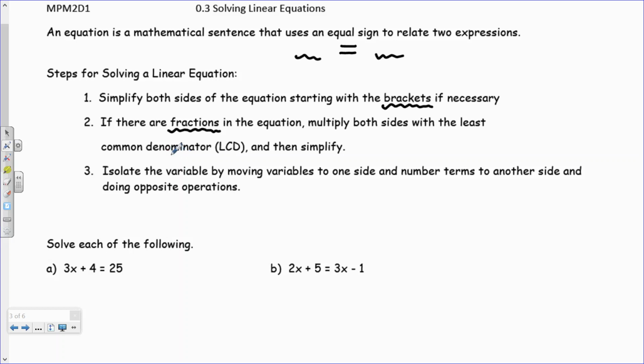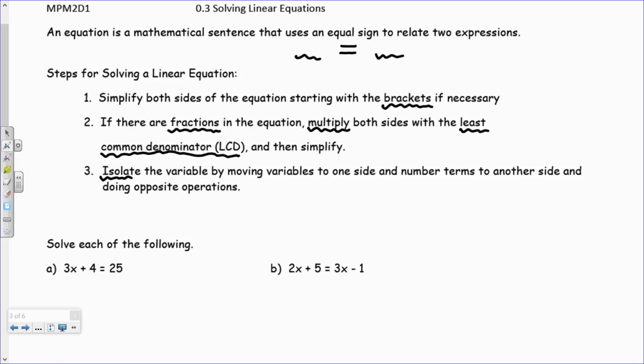How are we going to get rid of the denominator? We multiply left side, right side with the least common denominator. And after that, simplify means get rid of the brackets, collect the like terms. Once you don't have fractions, don't have brackets, then it's step 3.